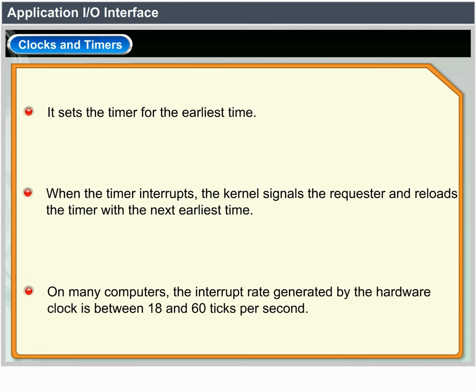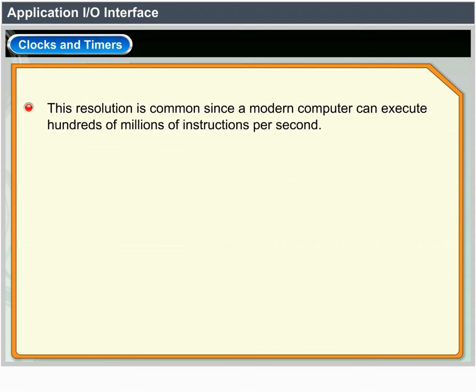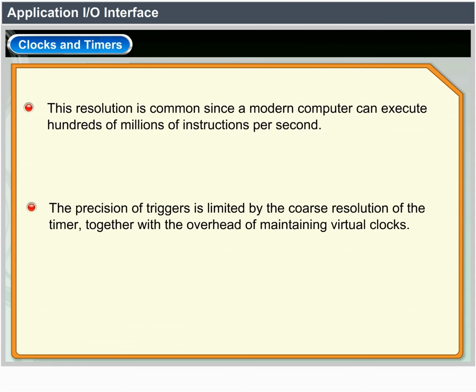On many computers, the interrupt rate generated by the hardware clock is between 18 and 60 ticks per second. This resolution is coarse since a modern computer can execute hundreds of millions of instructions per second. The precision of triggers is limited by the coarse resolution of the timer together with the overhead of maintaining virtual clocks.